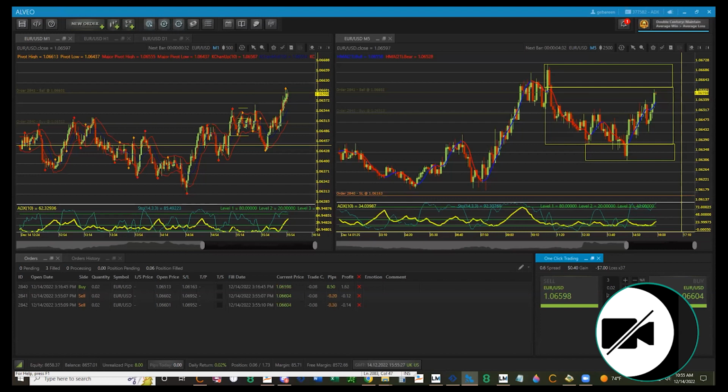Now we are approaching the light zone, so which means, do you then keep your volume the same and just vary the number of trades, or do you change your volume?